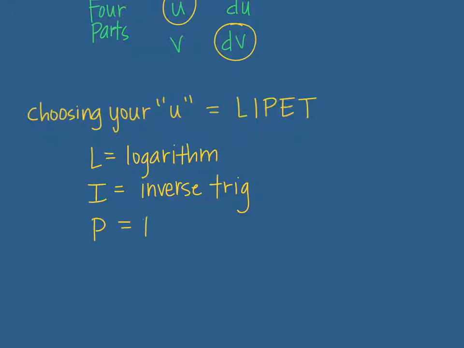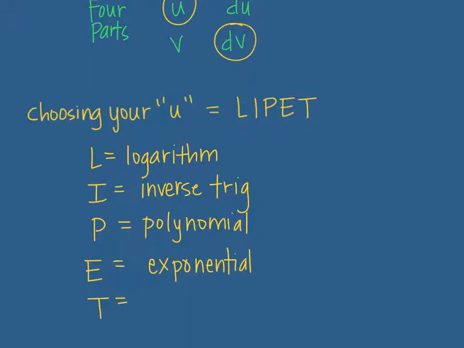P stands for polynomial. So if you don't have either of the first two, but you have a polynomial, like x squared or x cubed or something, that would be your next choice. E is an exponential function. And T is a trigonometric, which would be the last choice.